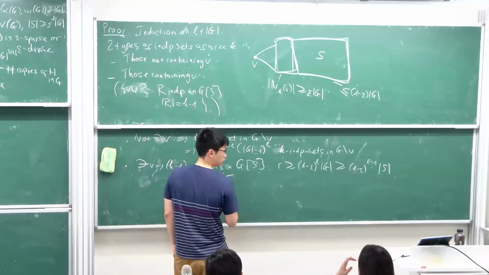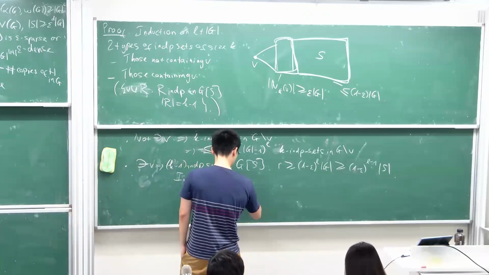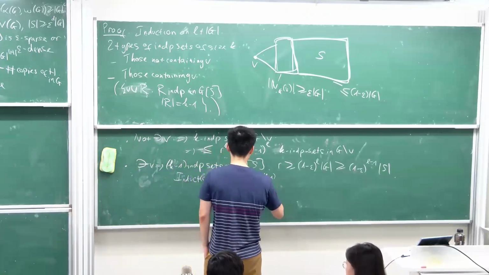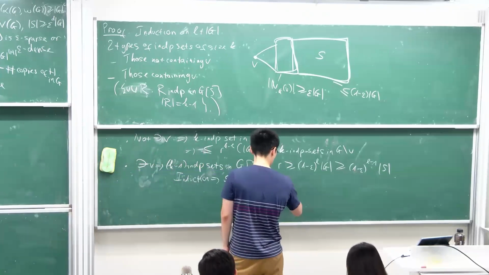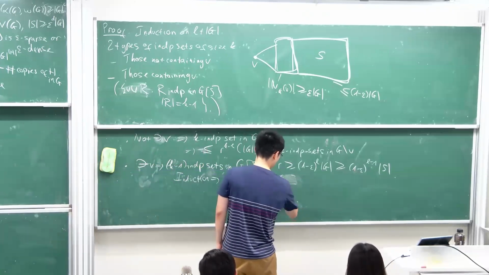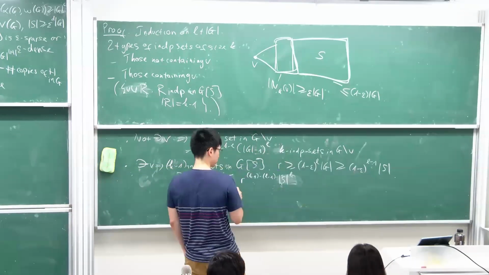At most R raised to the power of K minus 1 minus R minus 1 times G. Let me say size S raised to the power of n.